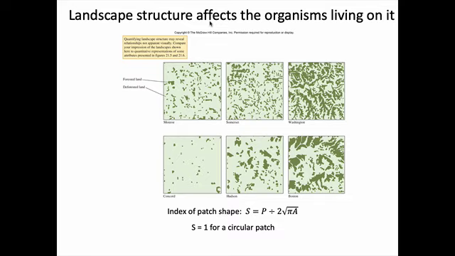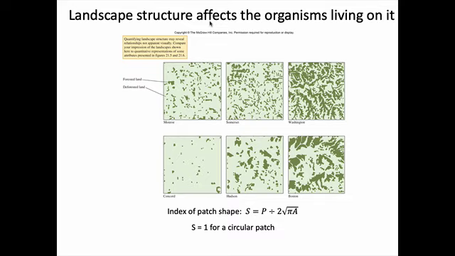And here's some larger patches that are also isolated, and here are some really large patches. So interestingly, we can see that some of the patches are really long and skinny, some of the patches are short and fat. And it's worth asking, what do you think the effect of patch shape is?